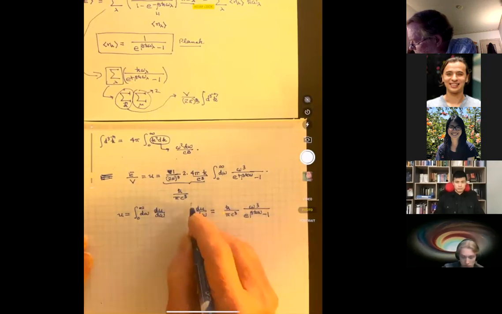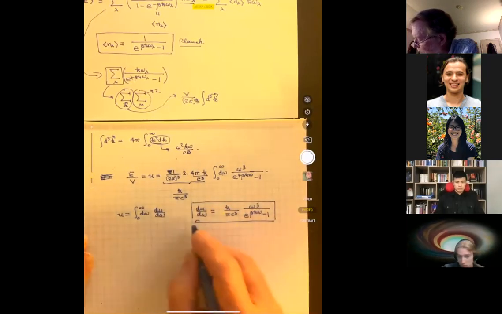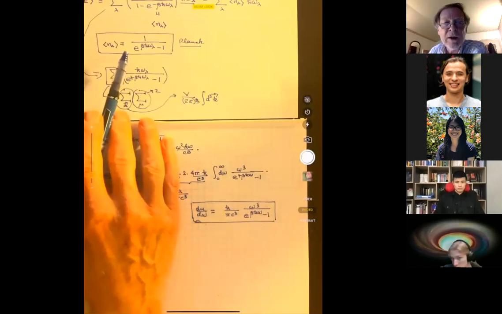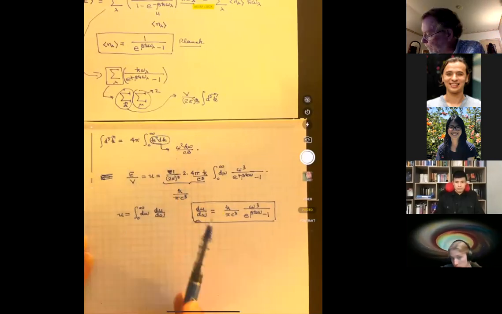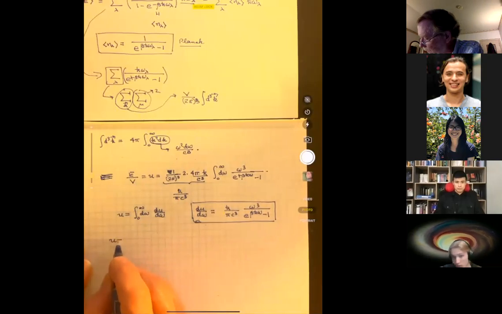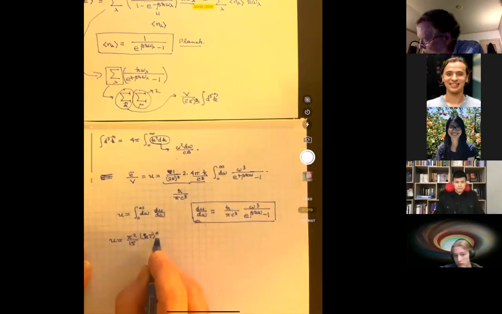I'll box that because this is the accomplishment of Planck, to derive that formula. It's closely related to the expectation value of n lambda we saw above when you take into account density of states and do the integral. By the way, I didn't actually do the integral. If you do the integral, you get u itself, and the answer turns out to be pi squared over 15 times (kT) to the 4th power divided by h bar cubed c cubed.